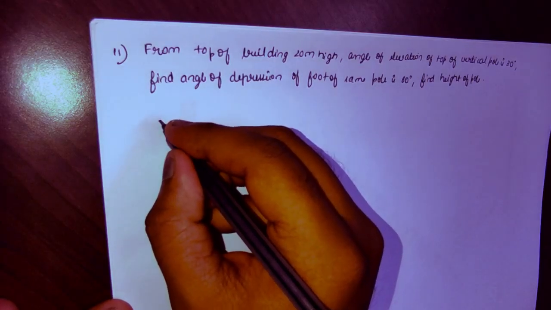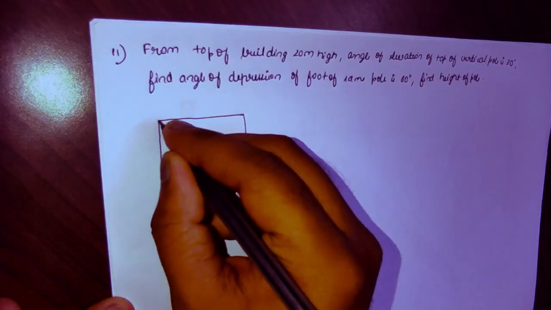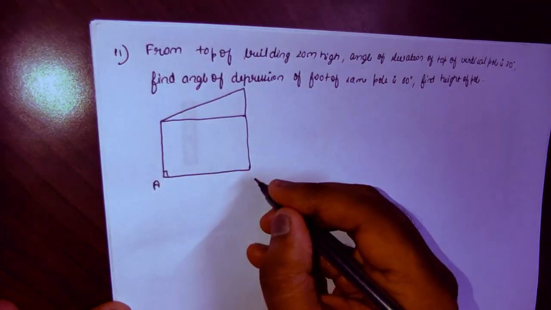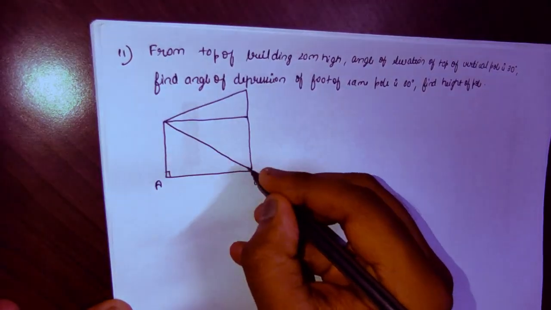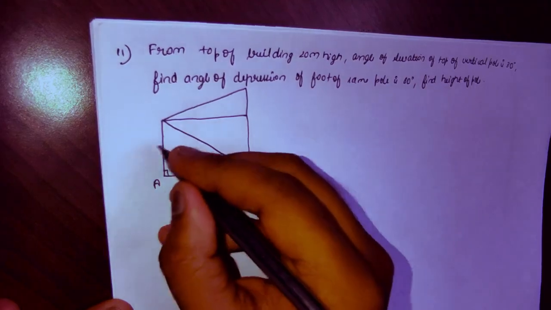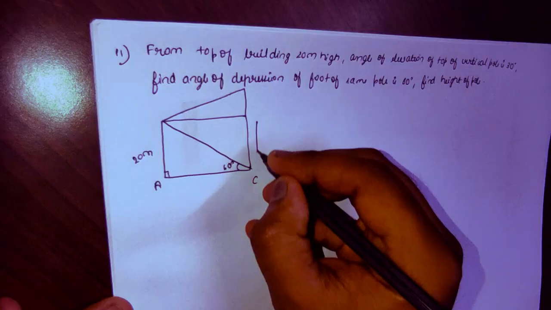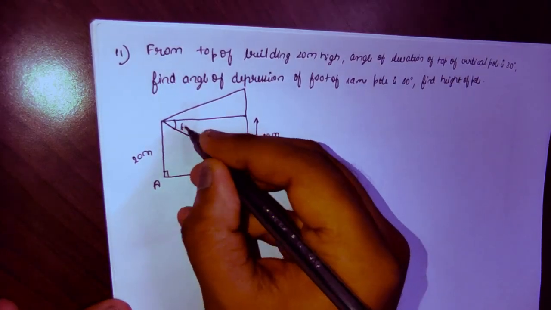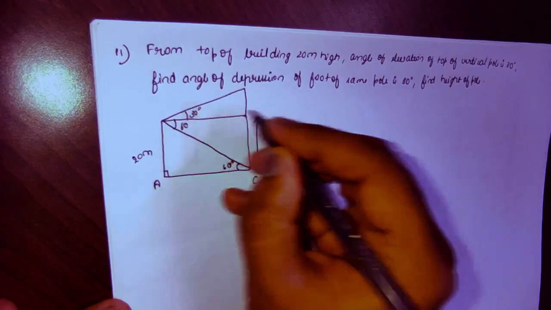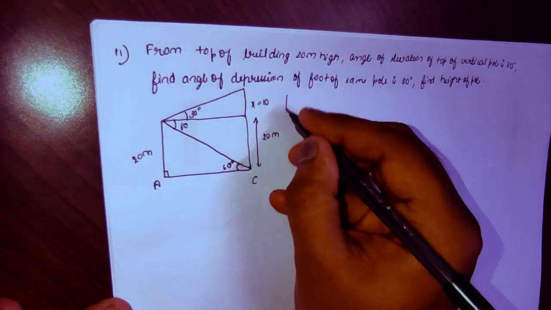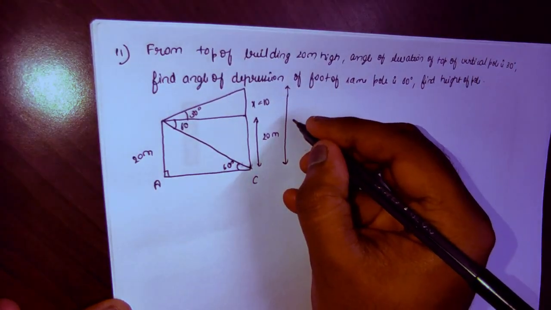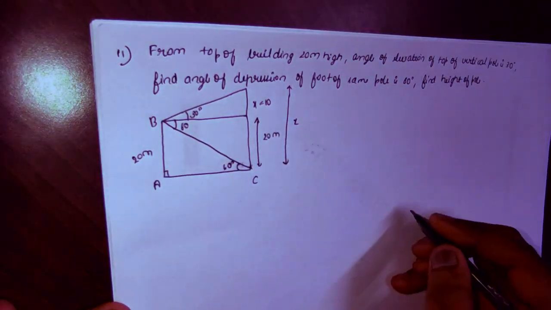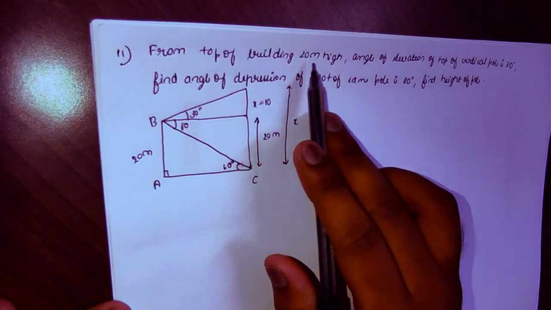Based on that, we will draw a rough sketch. Now in the question they have given the height of the building as 20 meter.